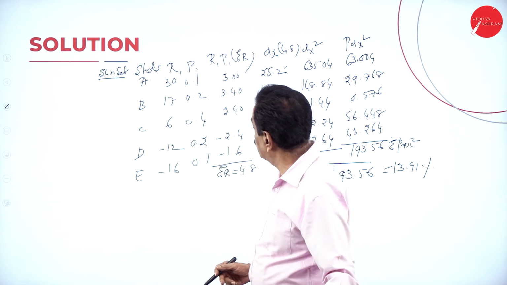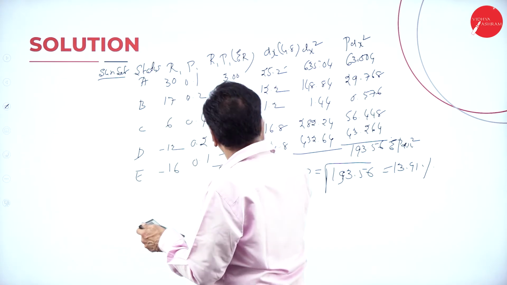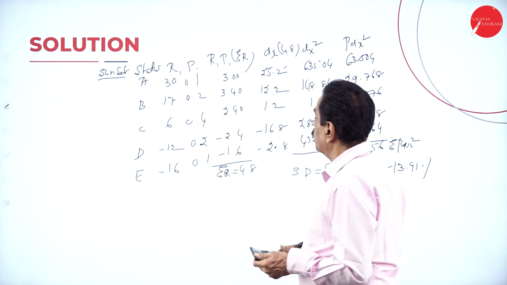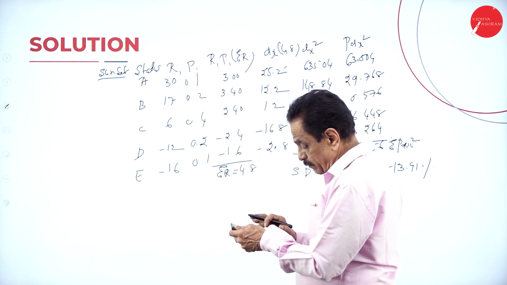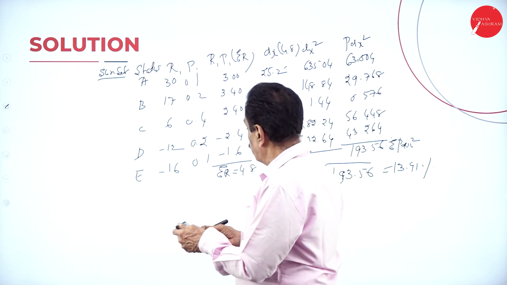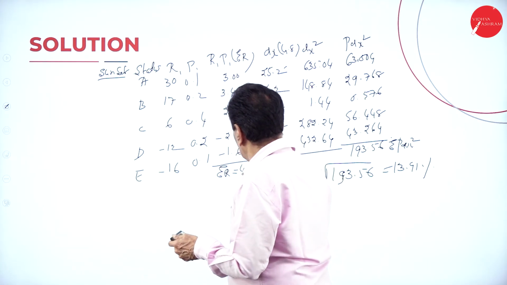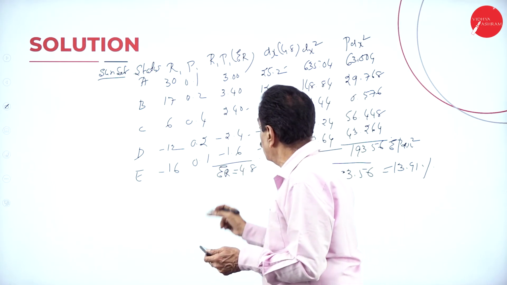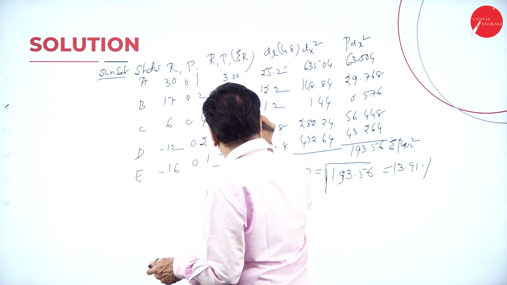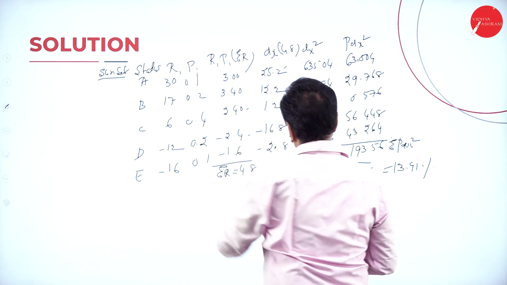Check this, 30 into 0.1 is equal to 3. 17 into 0.4, 6 into 0.4, 2.4. 12 into 0.2, 2.4. 16 into 0.1, 1.6. This is dx.